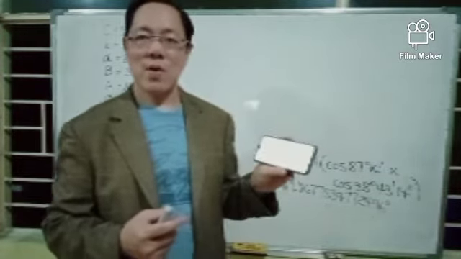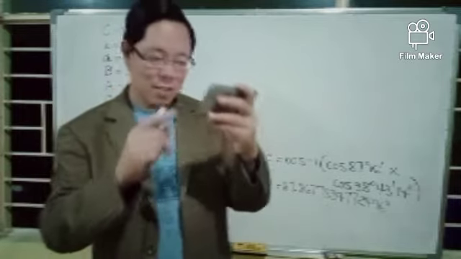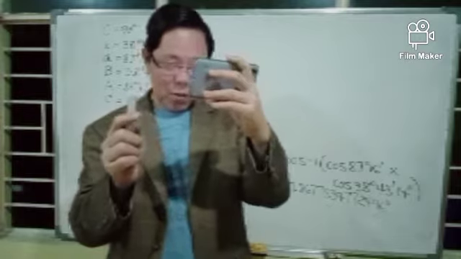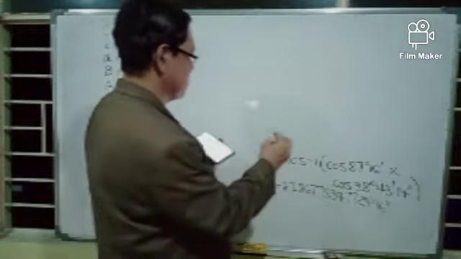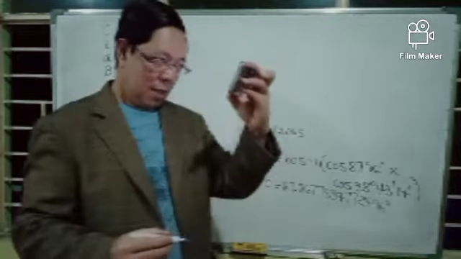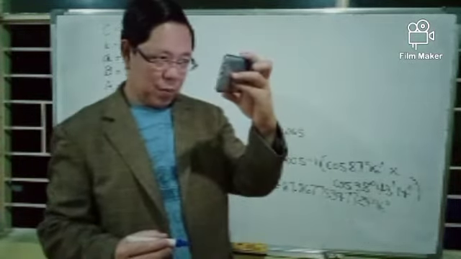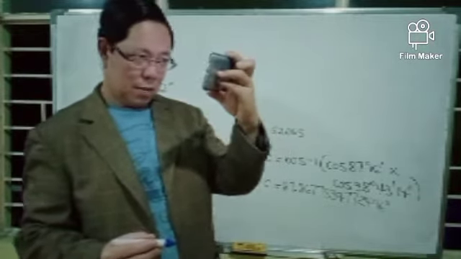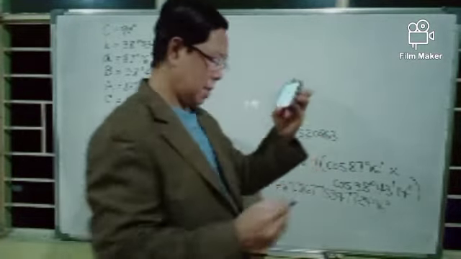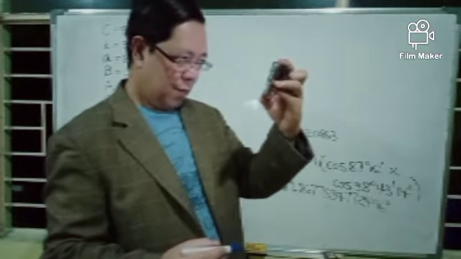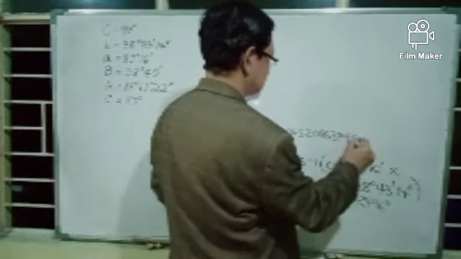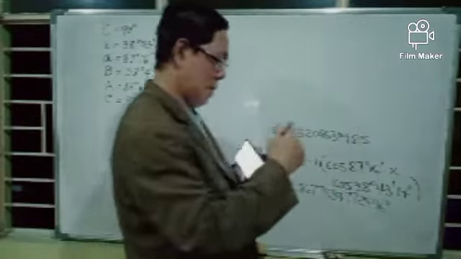Multiplying by 60, you should get 52.06520863.